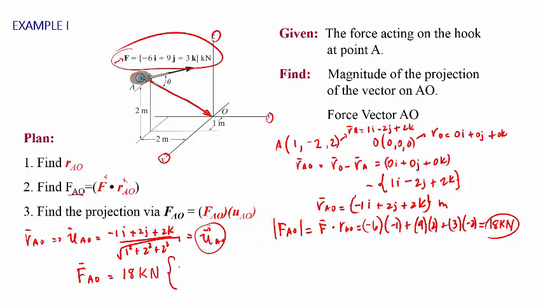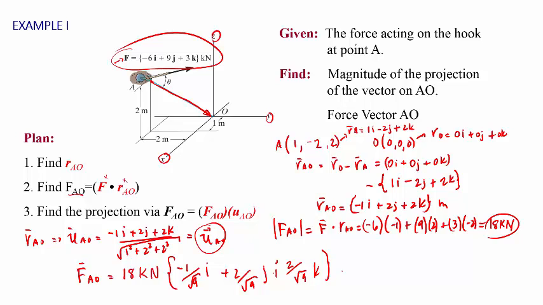And then you have minus 1 over the square root of 9, plus 2 divided by square root of 9, J plus 2 over square root of 9, sorry, let me fix this.